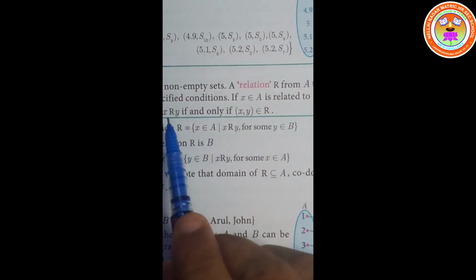That means if X is related to Y, X comma Y belongs to R. If X comma Y belongs to R, X is related to Y. That is the meaning of if and only if.